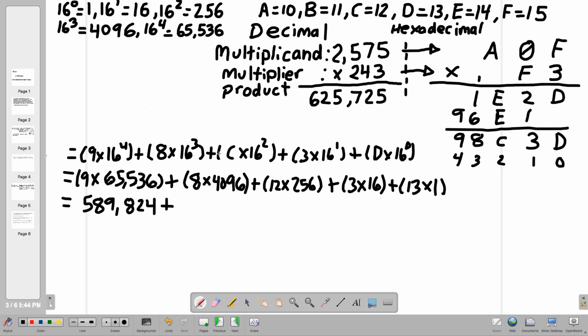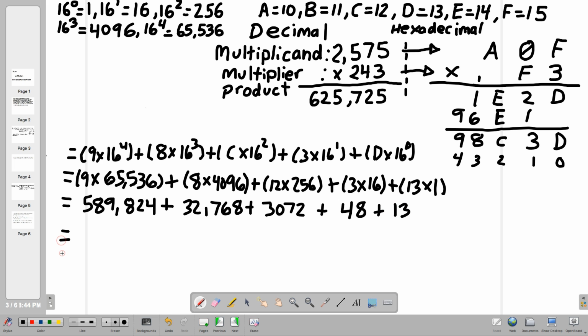That's a value of 32,768. And then we have 256 times 12, which is a value of 3,072. And then 3 times 16 is 48. And then 13 times 1 is 13.